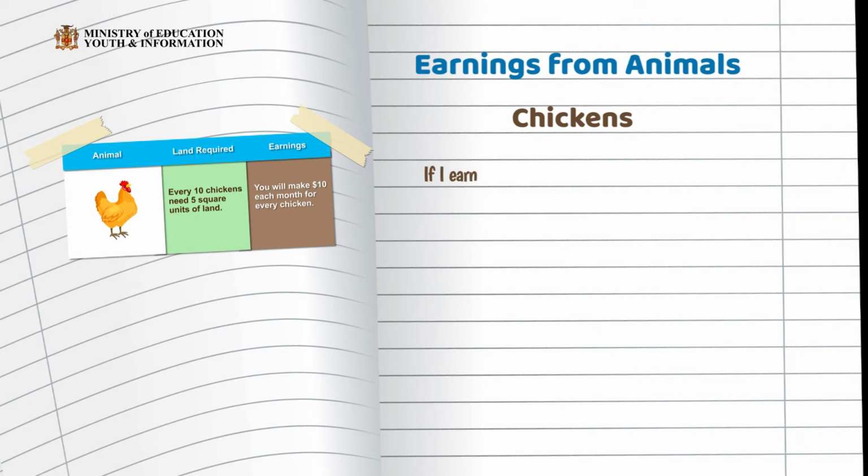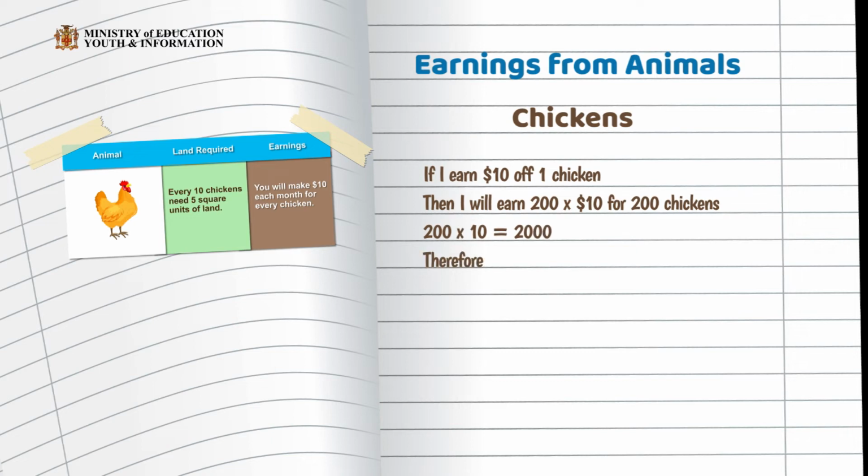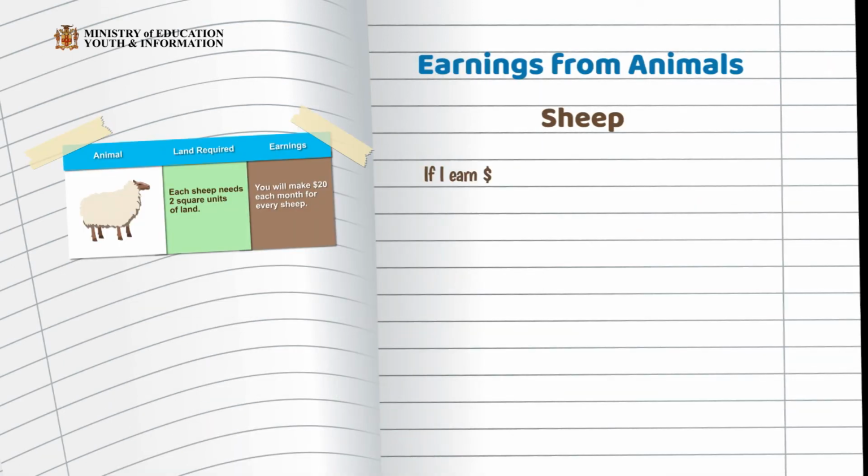So, from which animal would you earn the most? If I earn $10 off 1 chicken, then I will earn 200 multiplied by $10 for 200 chickens. Therefore, I will earn $2,000 from my 200 chickens. And if I earn $20 off 1 sheep, then I will earn 45 multiplied by $20 for 45 sheep.